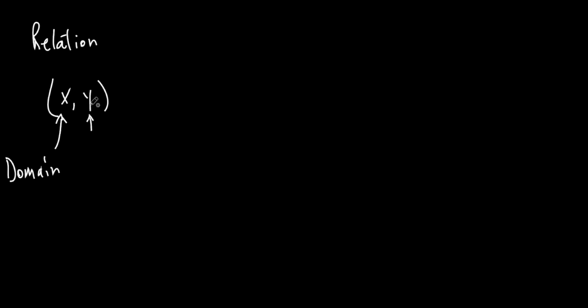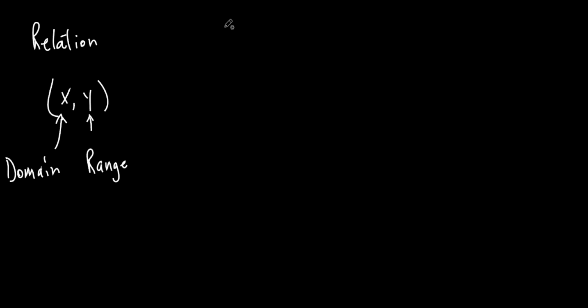And then we're going to refer to the y as the range. So anytime they talk about the domain, find the domain, that's what they're going to say a lot of times. You're trying to find all the x values. Then they're going to say find the range. What does that mean? You're going to find all the y values. All right, so domain goes with the x and the range goes with the y.